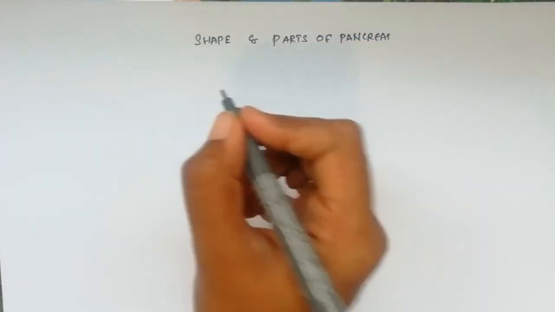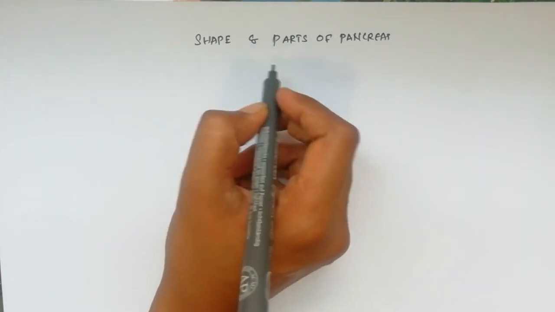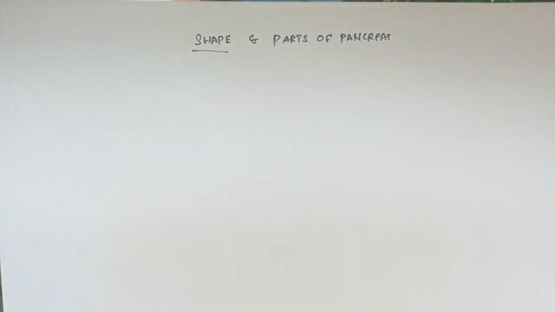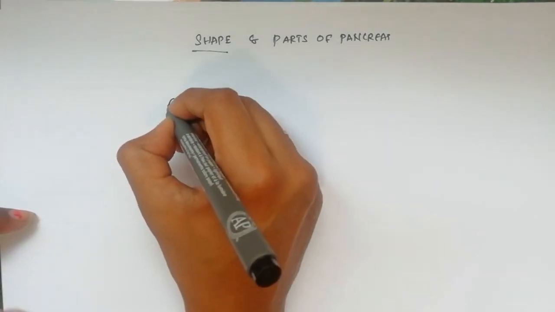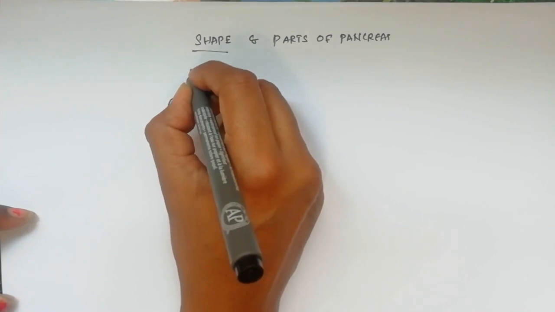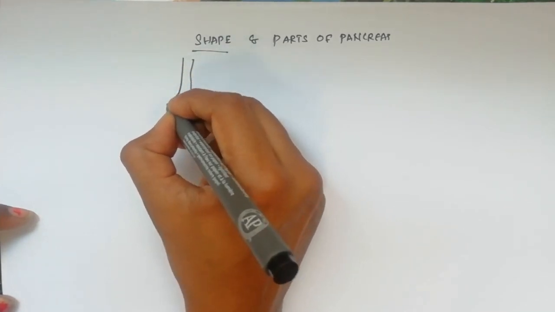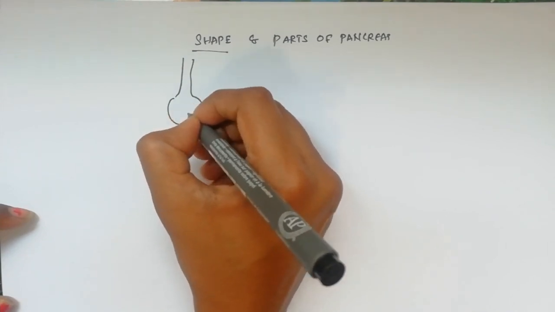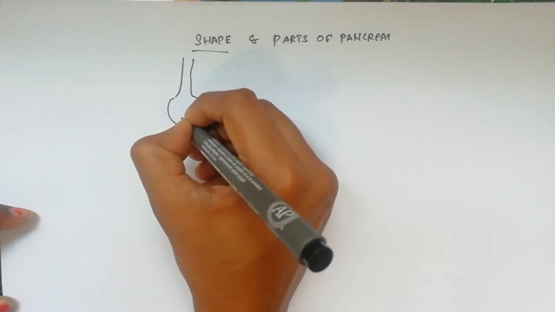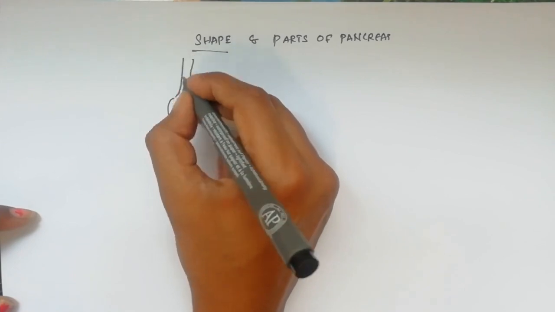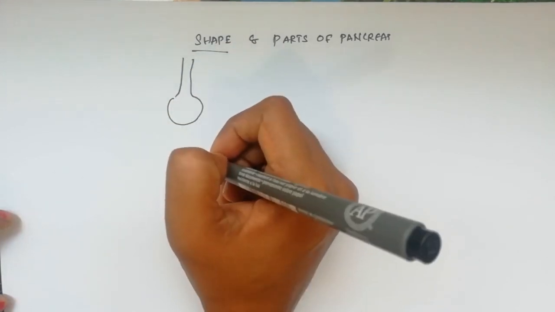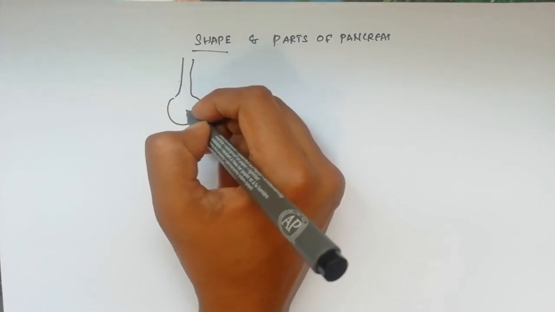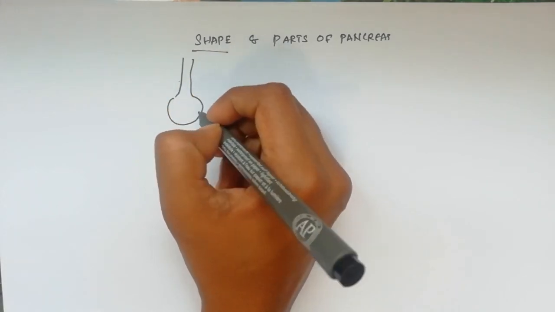Talking about the shape and parts of the pancreas, first we will move on to the shape. The pancreas is of retort flask shape. A retort flask has an extended area and a narrow part. This extended bowl area resembles the head of the pancreas, and this area resembles the body of the pancreas, and the narrower part emerging between the bowl and the narrow part we will call the neck.